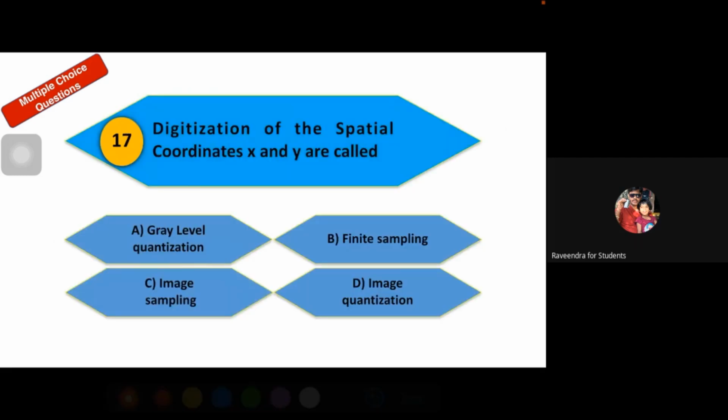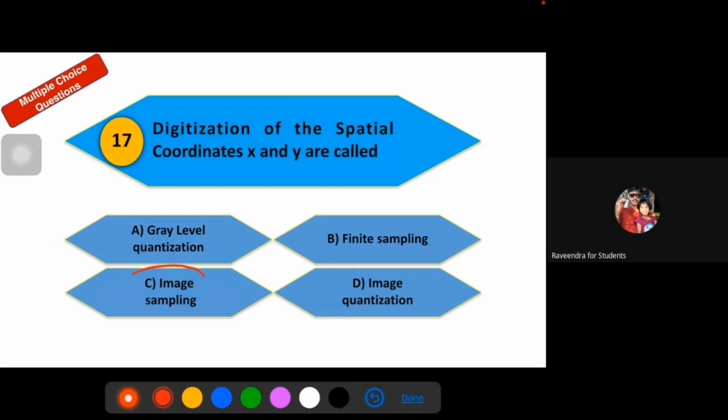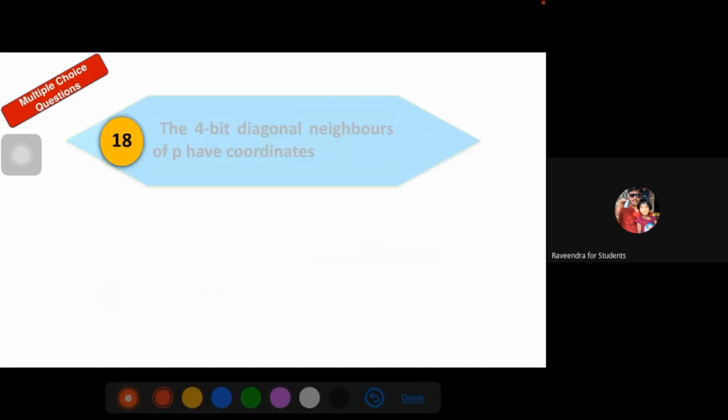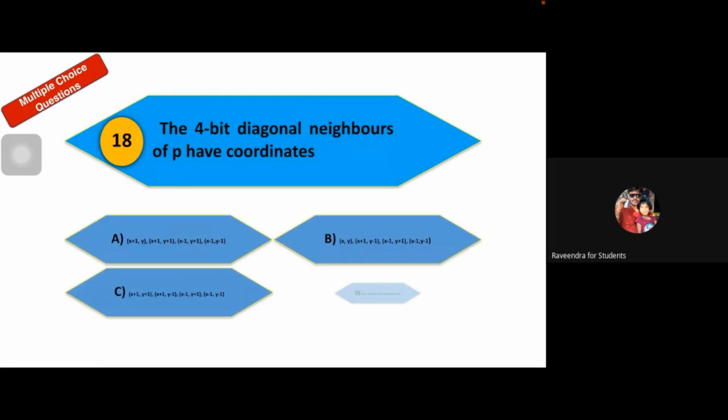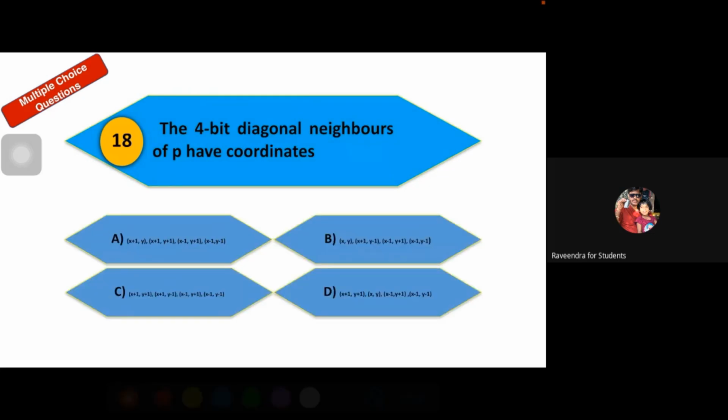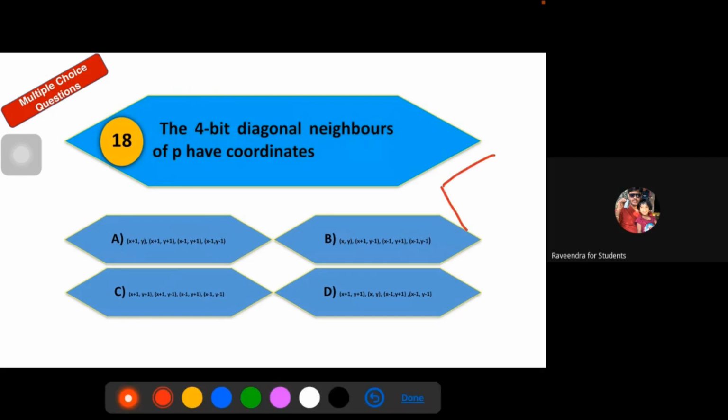Again, digitization of the spatial coordinates x and y is nothing but the basic image sampling. Then the 4 diagonal neighbors of P have coordinates. So you know very well about the neighbors.